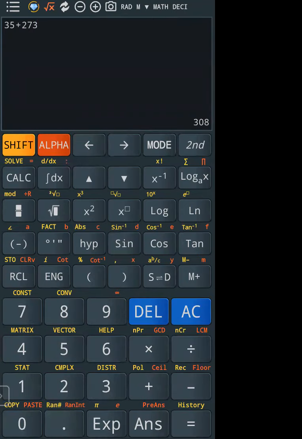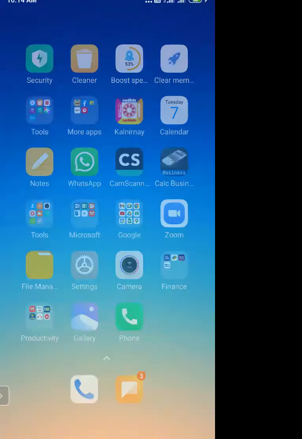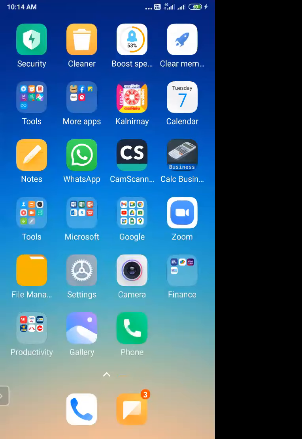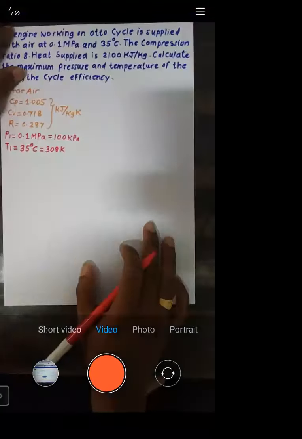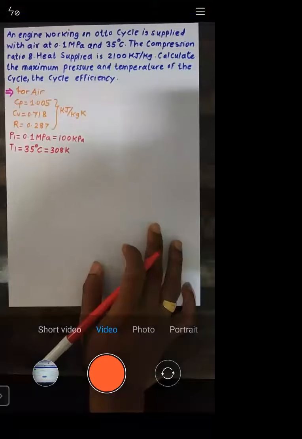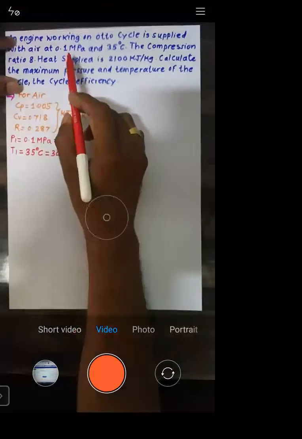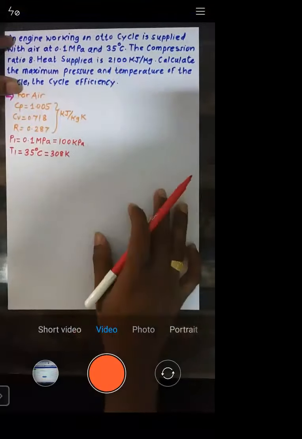So the pressure which was in megapascal, we have converted into kilopascal, and the temperature which was given in degrees Celsius, we have converted into Kelvin.